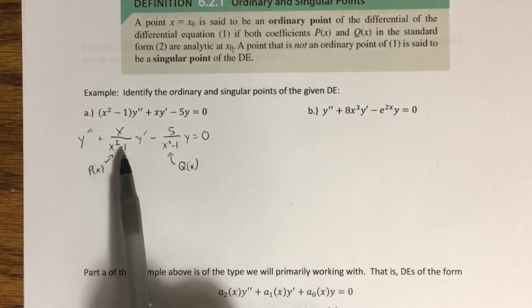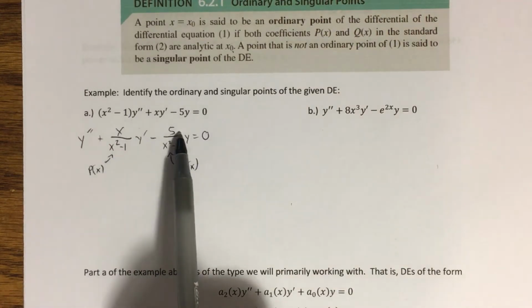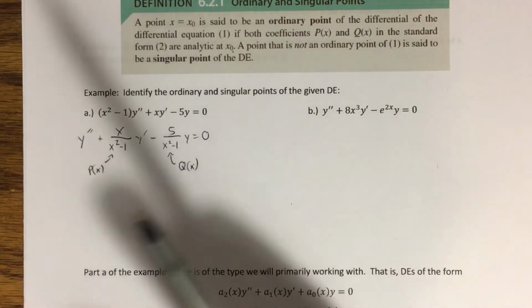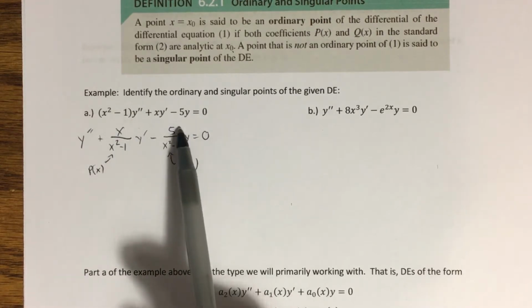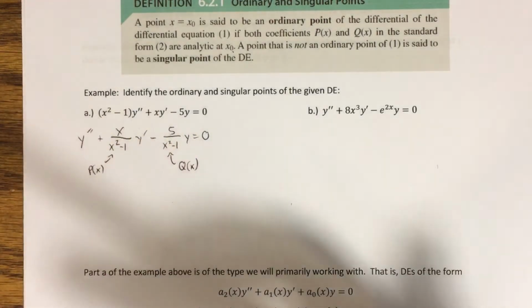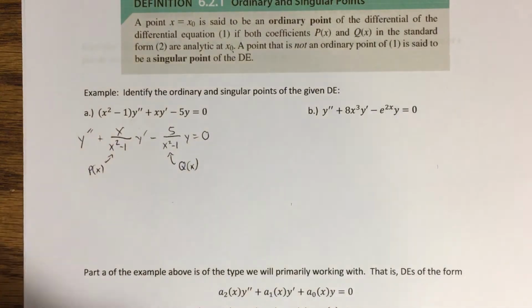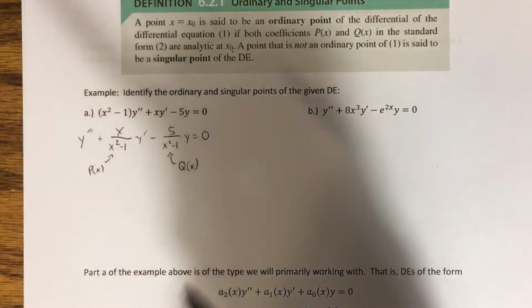So, for example, both of these functions are defined for x equals 2. If I plug a 2 into this, I get 2/3. If I plug a 2 into this, I get 5/3. So it's defined there. That property that I just mentioned guarantees that both of these functions are also going to be analytic at that point.